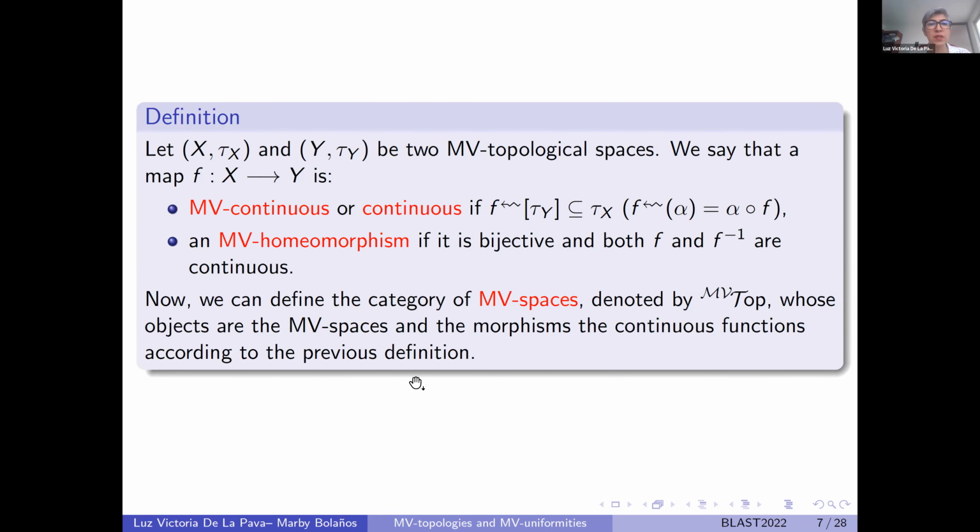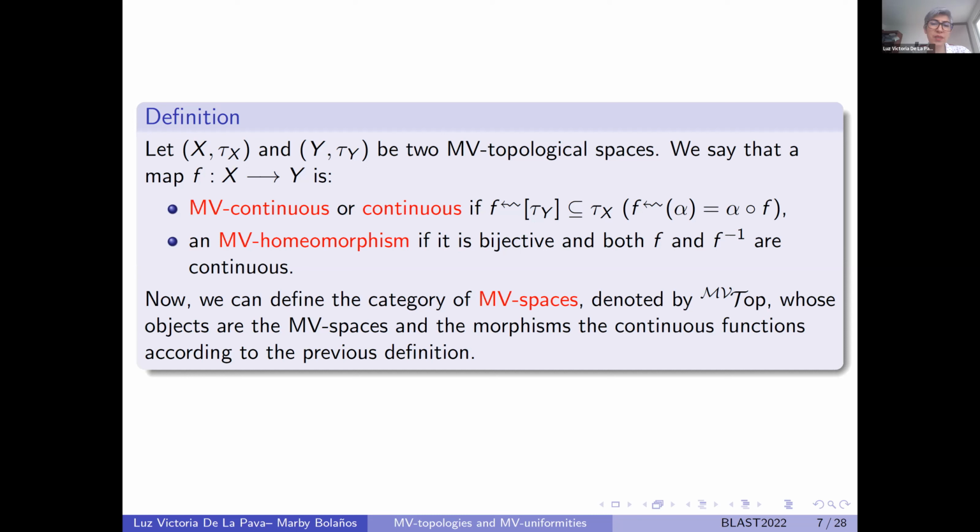So if we have two topological spaces X and Y, a map F from X to Y is MV continuous, or simply continuous, if the preimage of each open set of Y is an open set of X, and F is an MV homomorphism.